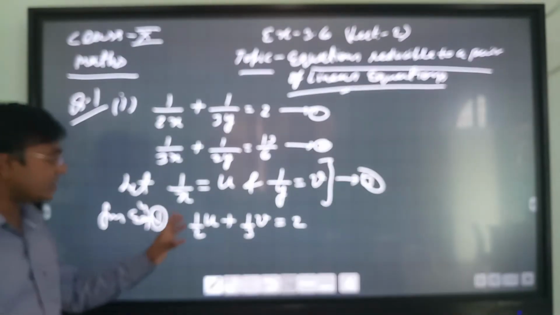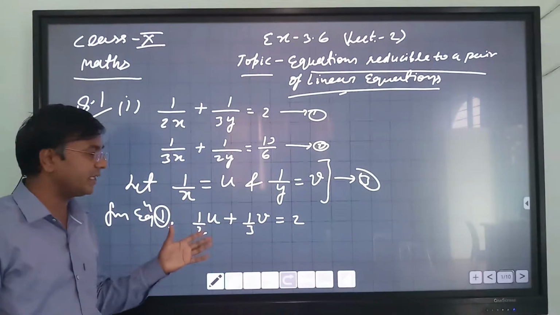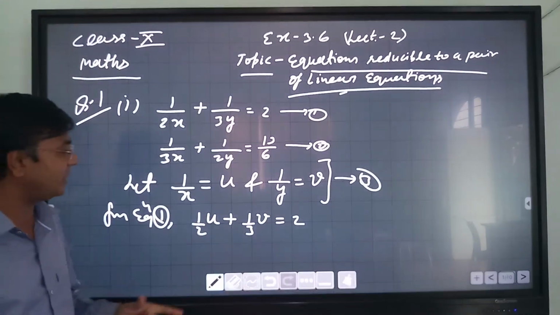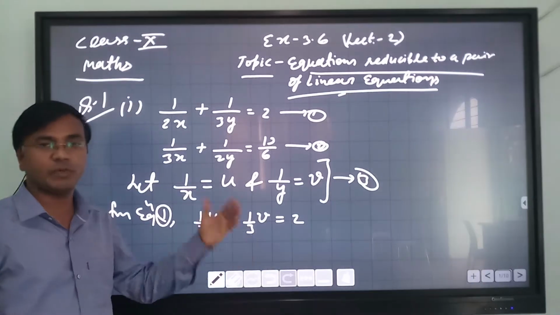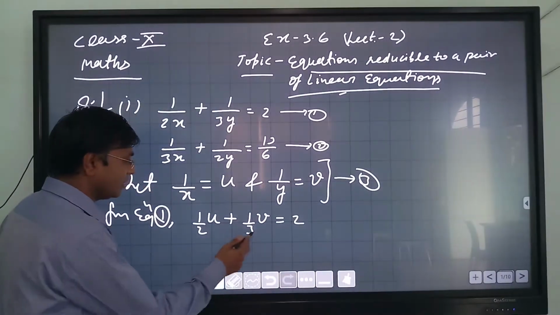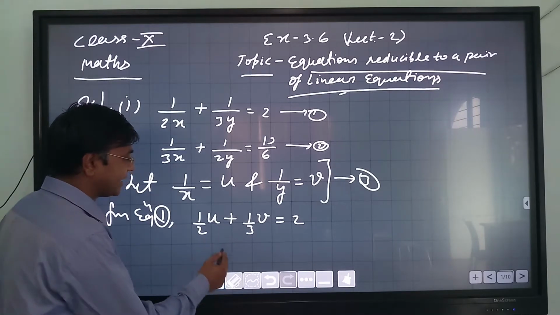So this time the equation becomes a pair of linear equations as well as linear equations of degree 1, because linear means degree 1. We can see u and v coming in the numerator, and it is definitely a linear equation. Now we can further simplify by taking the LCM.